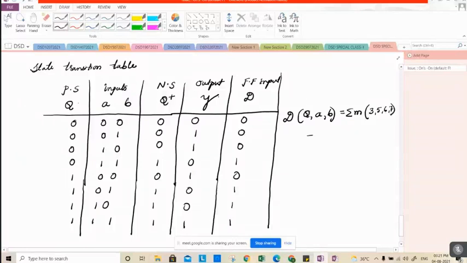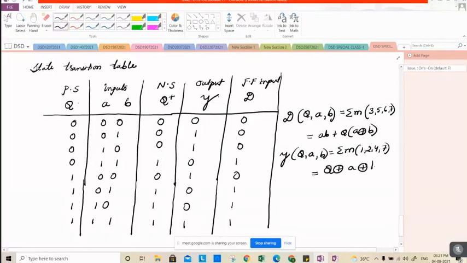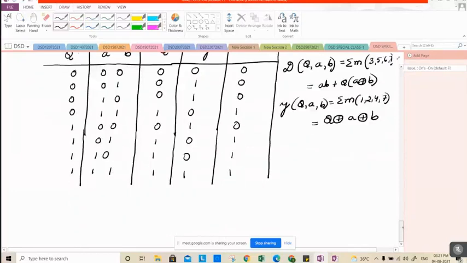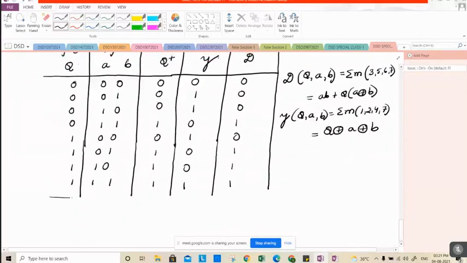If you simplify this, you will get the expression AB plus Q into A XOR B. Right, Y, which is a function of Q, A, B, is equal to sigma M of 1, 2, 4 and 7. This is equal to Q XOR A XOR B. Do you remember anything of this kind? Full adder. This is a full adder, right?